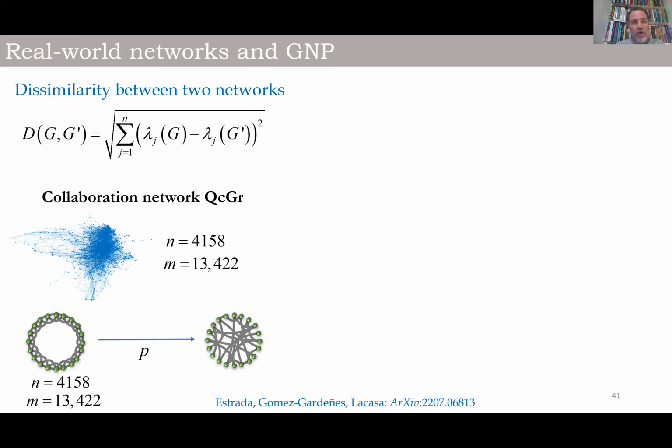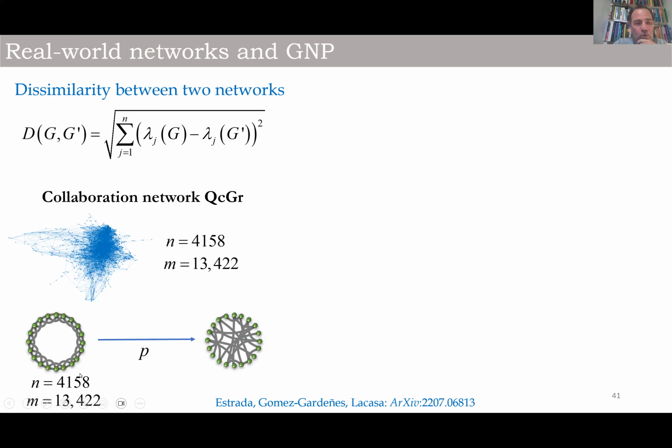Now we can compare how close these real-world networks are to these networks hypothetically at the good navigational point. What we are doing is basically the following. You take a real-world network, let's say this one has 4,000 nodes and 13,000 edges, and we create a Watts-Strogatz model with exactly the same number of vertices and the same number of edges.